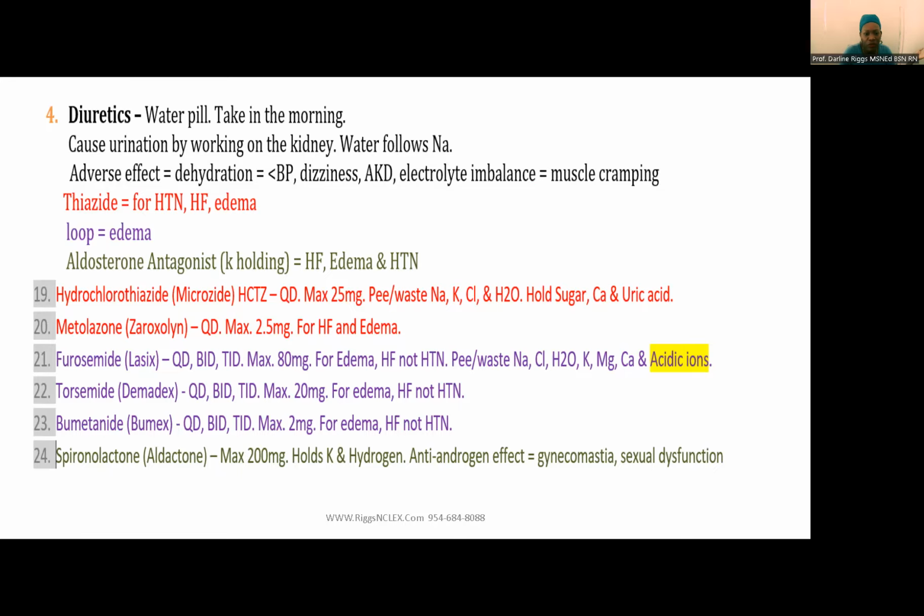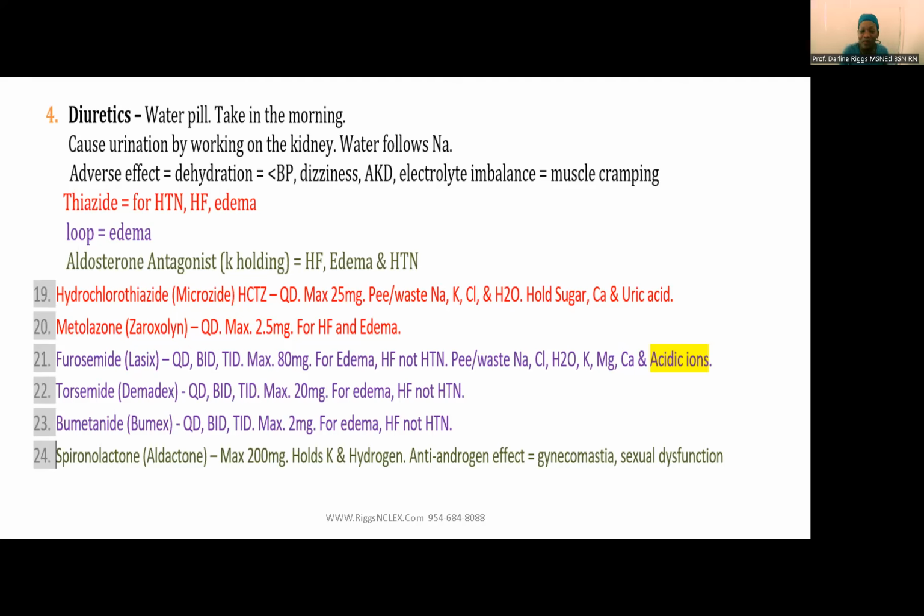Great to remove the fluid, but that would not be the only drug the client is on if we're trying to lower their blood pressure. And they're wasting so many electrolytes: sodium, chloride, potassium, magnesium, calcium, and acidic ions. Yeah, nasty.